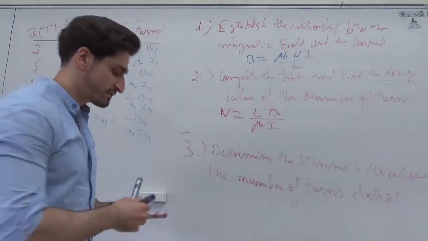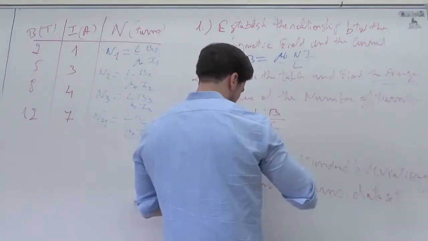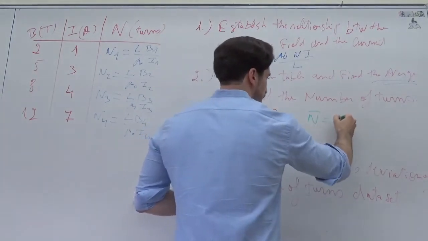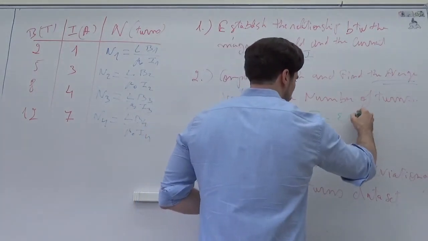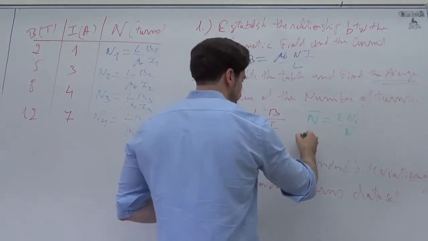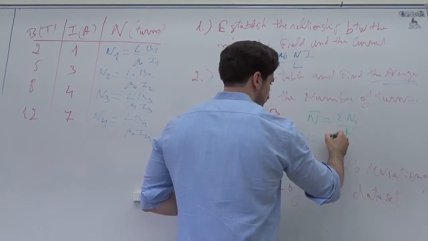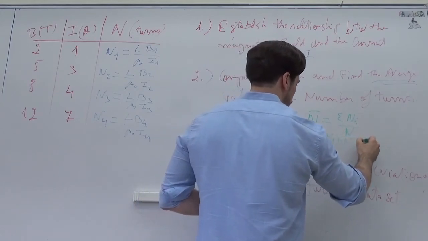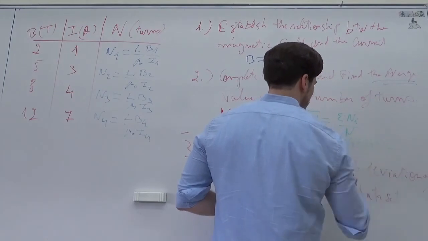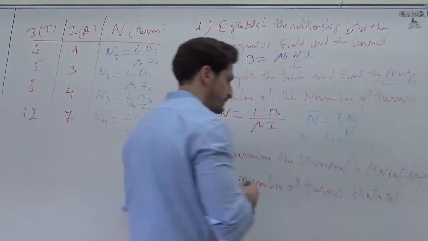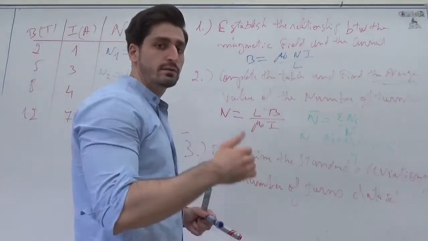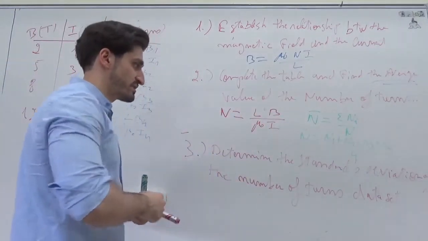In that case, the average value would be n bar equal to the summation of all the ni's divided by the total number of trials. So n bar is equal to n1 plus n2 plus n3 plus n4 divided by 4. And then you find the average. You carry on and you find the average value of the number of turns.